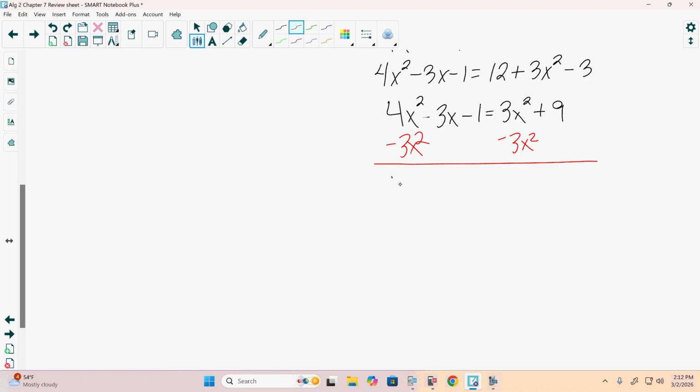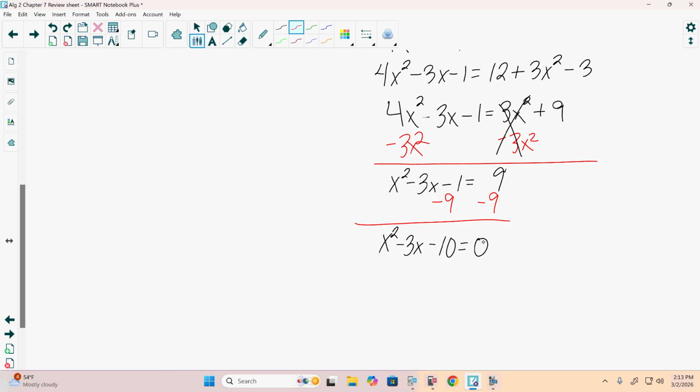And when we do this, we get x squared minus 3x minus 1 is equal to 9. After we do that, we'll subtract 9 from both sides, get this equation equal to 0, telling us that we have x squared minus 3x minus 10 is equal to 0.